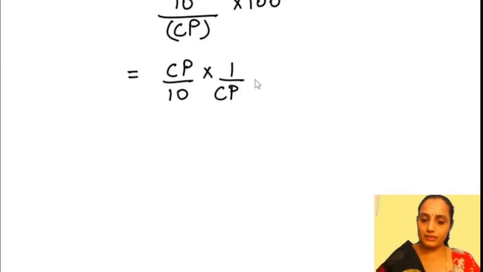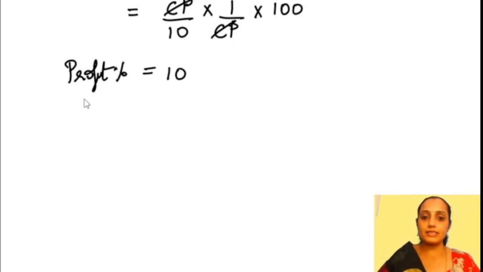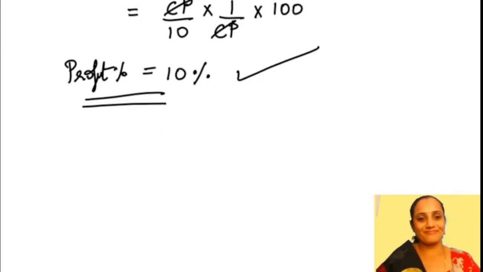We can still write this as 1 by CP into 100. Right? CP gets cancelled. Now 100 by 10 gives us the profit percentage. Right? So the profit percentage is 10% in this case.